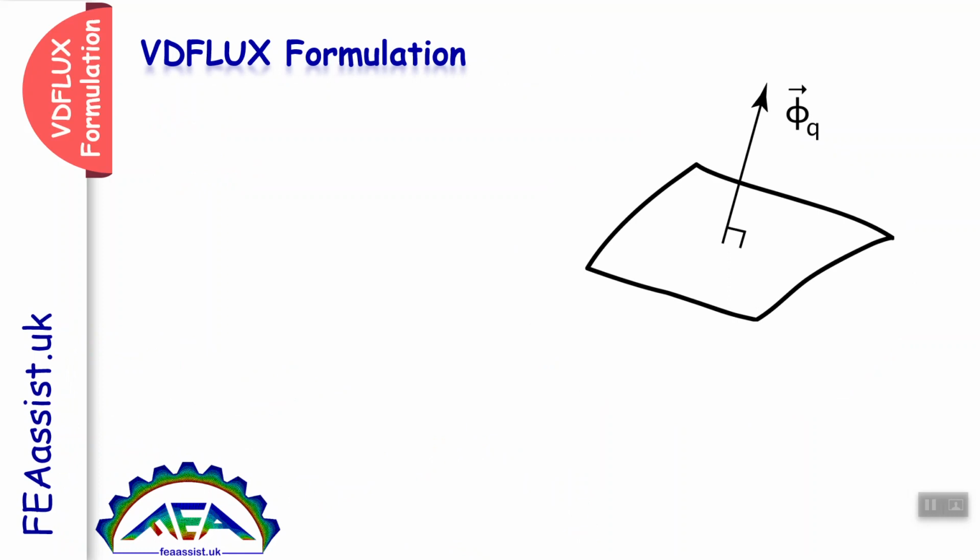So this is the definition of heat flux. We define flux in heat transfer problems as q equals minus k dT/dx, and for mass diffusion it is minus D dC/dx, where C is the concentration and D is the diffusion coefficient.